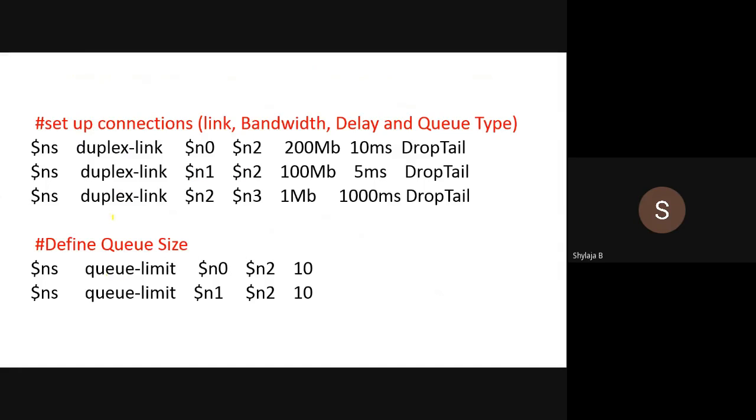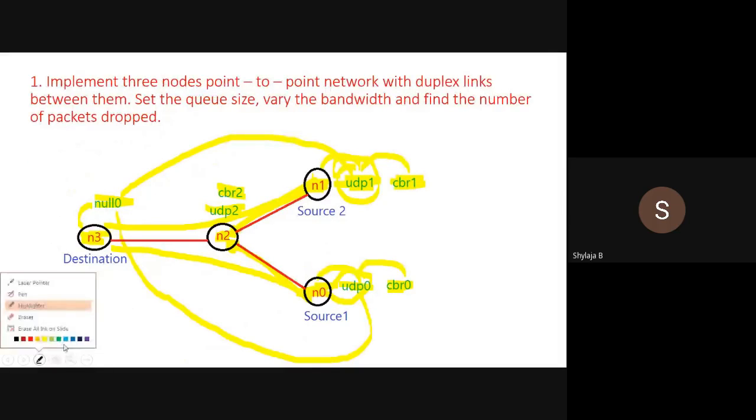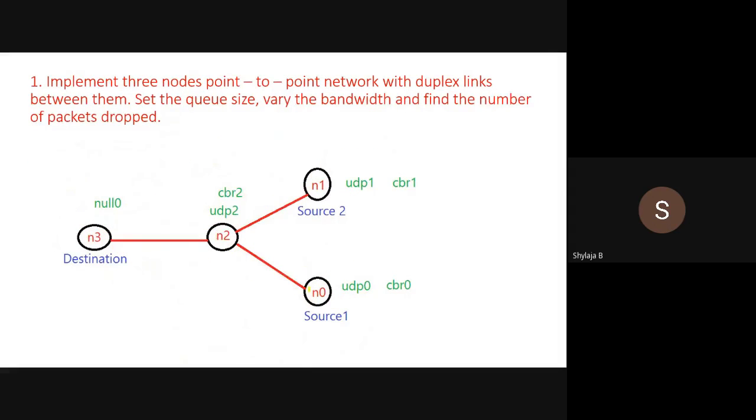Next, we have to set up the connections between the nodes. Now we just created independent nodes, and we have to connect them. How do we connect? $ns duplex-link. Again, duplex-link is a method, so to access this method, use this object ns. Then link between which nodes? We want a link between node 0 and node 2, because node 0 is the sender, and to reach the destination it has to go through node 2.